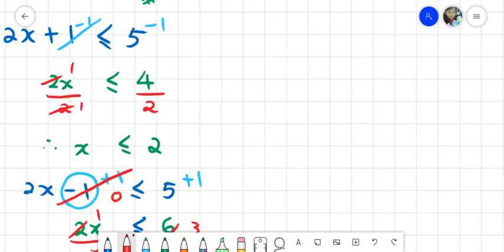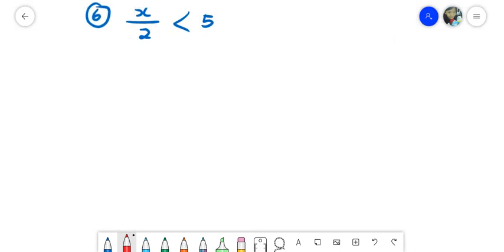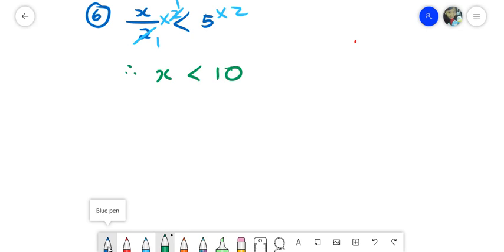So again, this is divide, so your sibling will be multiply, because your intention is to get back the coefficient of 1 on the x. So in other words, your x is less than 10. Just simple like that.